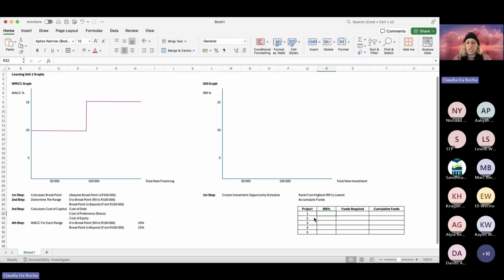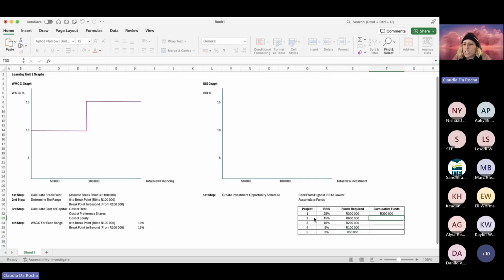Yeah, and let's assume I'm just going to make up some different percentages. Let's say it's 25, 15, 10, 5, and let's say 2, or let's say 3. And let's say the funds is 300,000. Okay, so I'm just doing it like that.